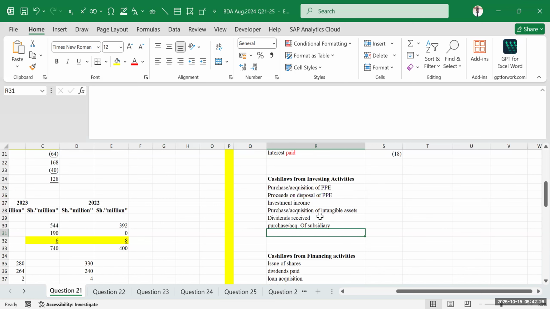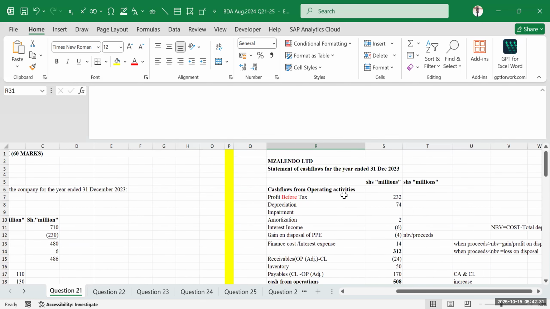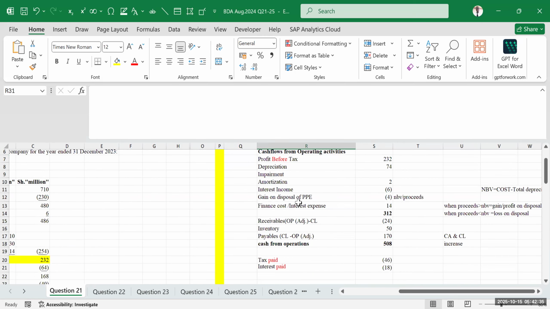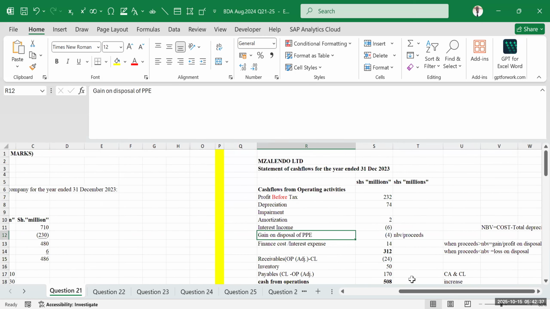Now, I want us to start doing the postings straight away, because we had done some adjustments. We had already realized there was some disposal. Remember the adjustment we did under operating activities. With that knowledge, I want us to go ahead and do the adjustments.